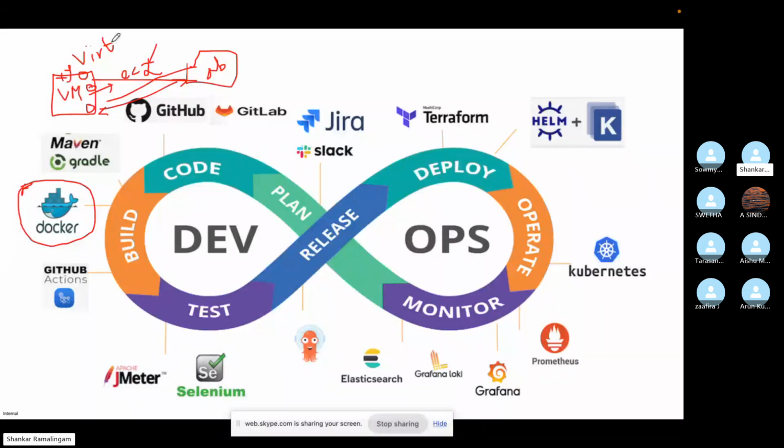Okay, I would like to throw a couple of questions to you. One of you please unmute and then answer. When I say creating an environment or provisioning an environment, what does it mean? Provision a resource or provision a new environment. Soumya? So creating an environment means we are newly creating, for example, we are creating Git using the git init command.